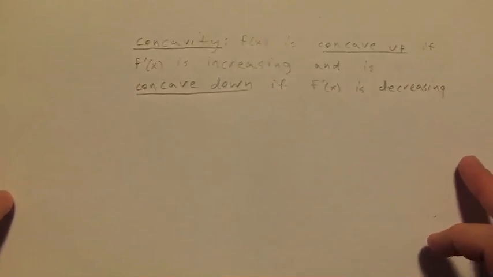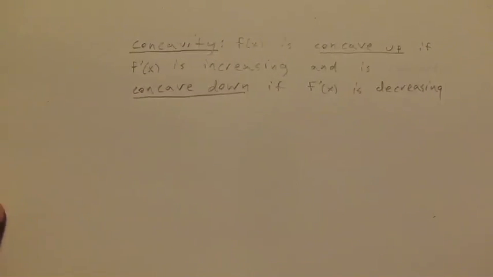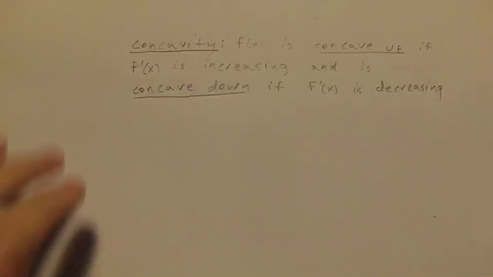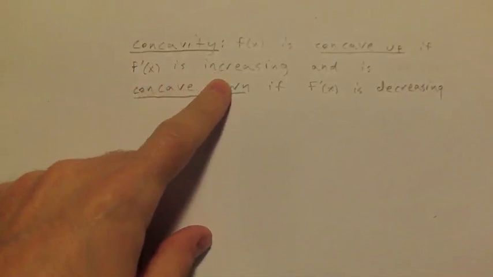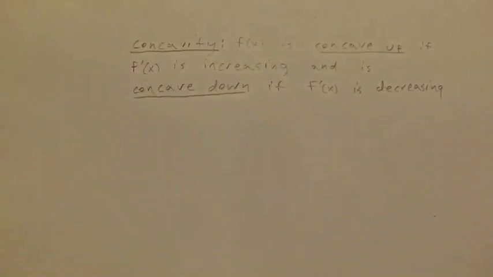All right, so that is the first derivative test. Next I want to talk about concavity, and we've already kind of dealt with this before. The concavity of a graph: f is concave up if f prime of x is increasing. If the derivative increases, think about that as acceleration.